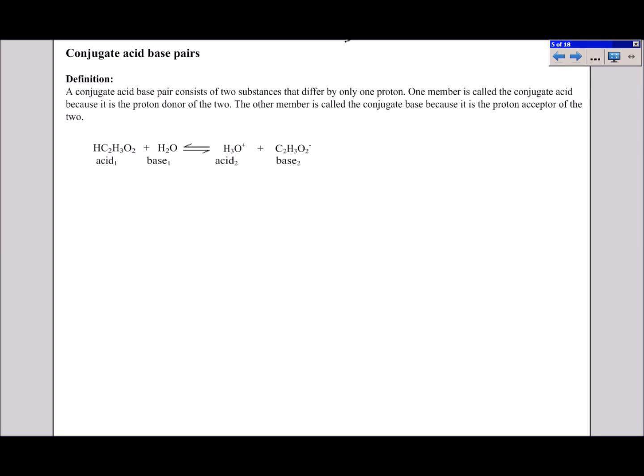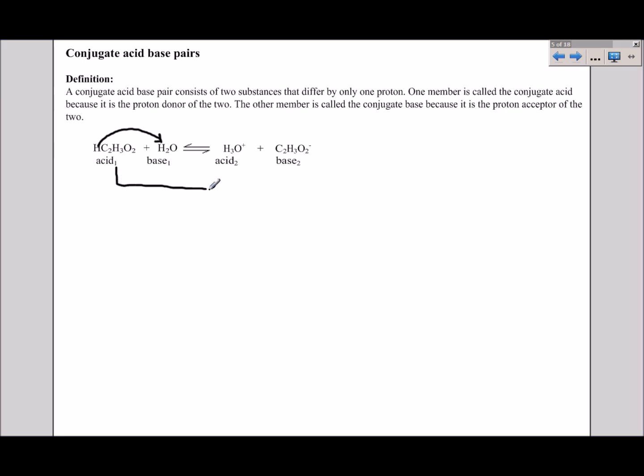So if we look at this example here, when we look at what's happening in this reaction, this substance has donated a proton to the water. So this substance is acting as an acid. The water in this case is acting as a base. Now when we try to identify in the products what the conjugate is, we want to find a molecule that differs by one proton.